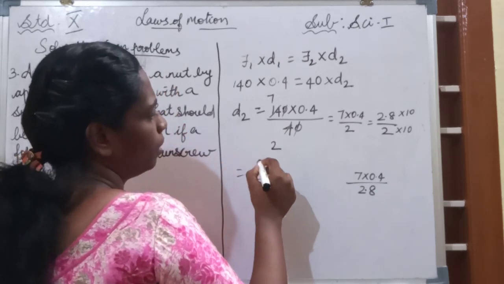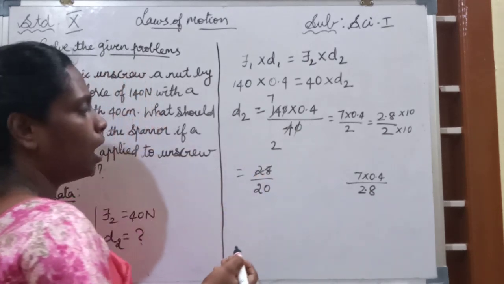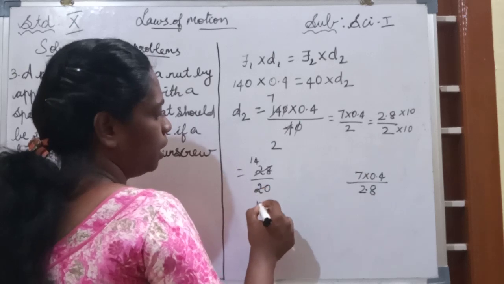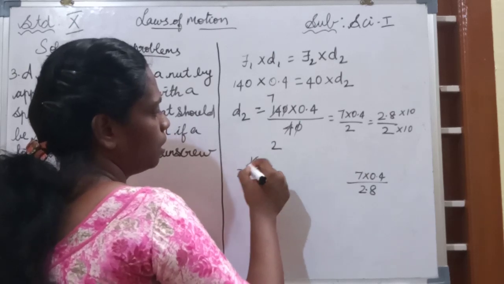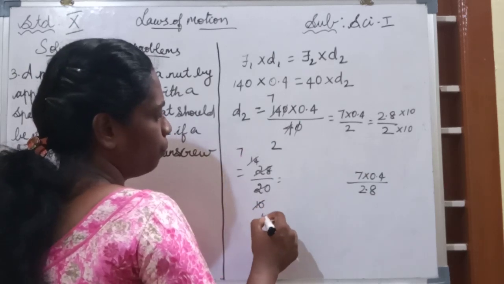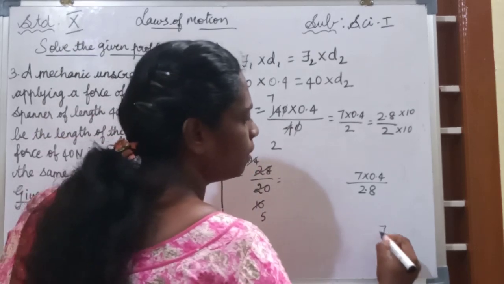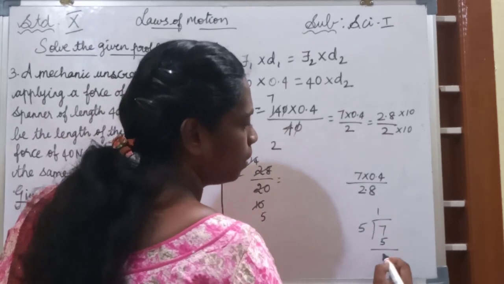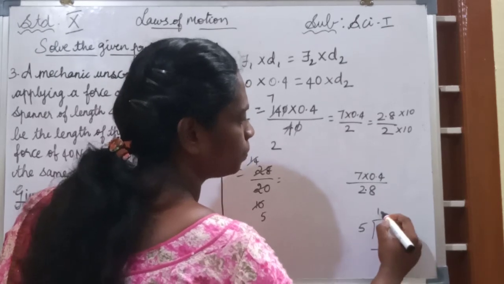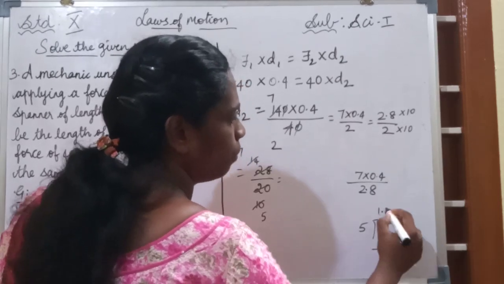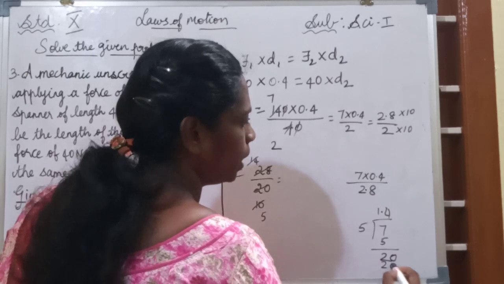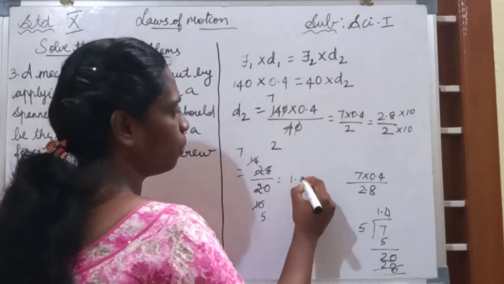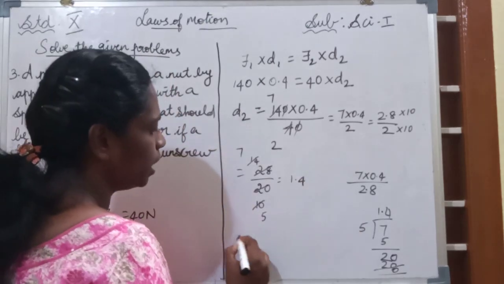Let's take the 2 table: 14, 10, then 7, 5. Now 7 divided by 5. 5 ones are 5, remaining 2, 0. 5 fours are 20. And my answer is 1.4.